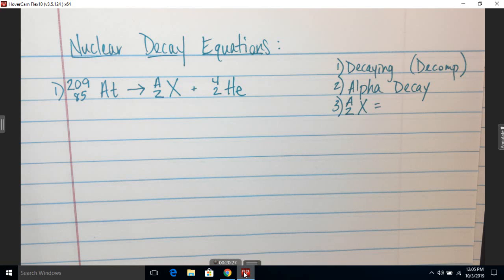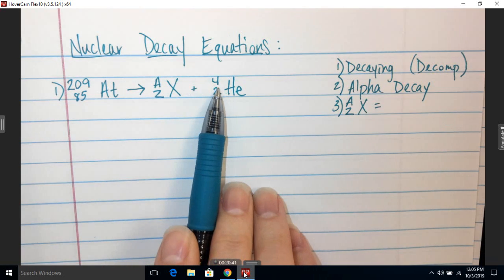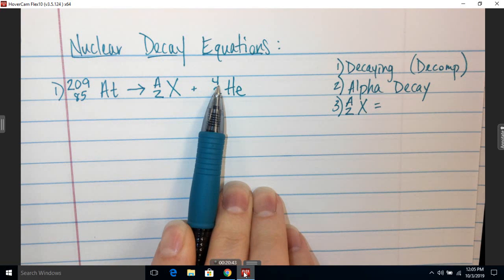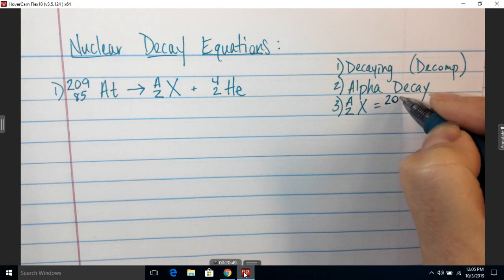What's A? 205. Here's his mass. He lost this from the mass. That makes sense? Okay, so anytime you have an equation like that, that's what you do.